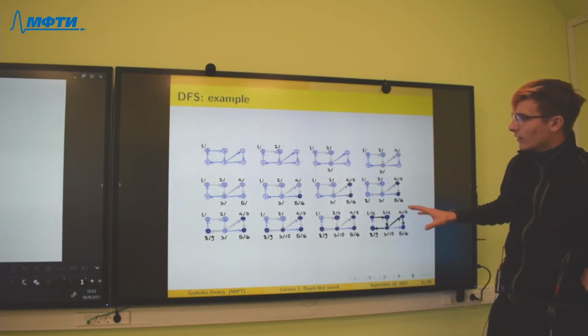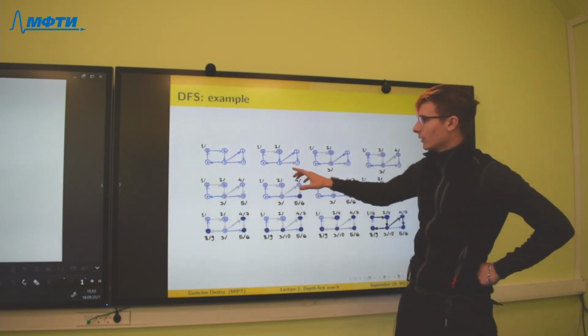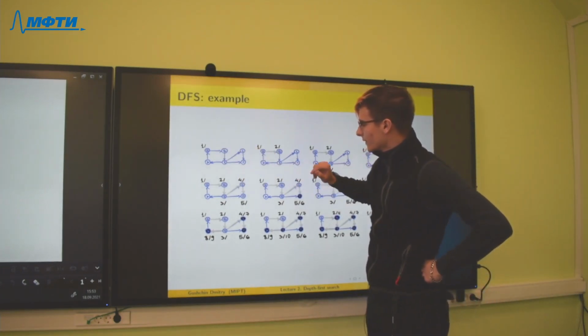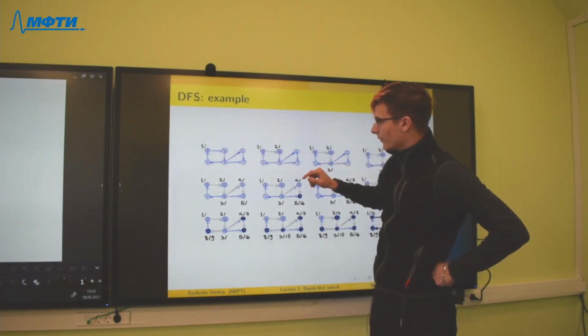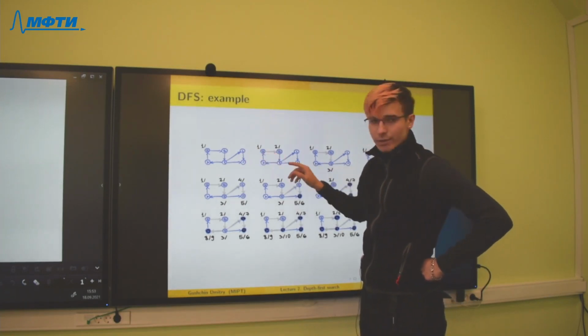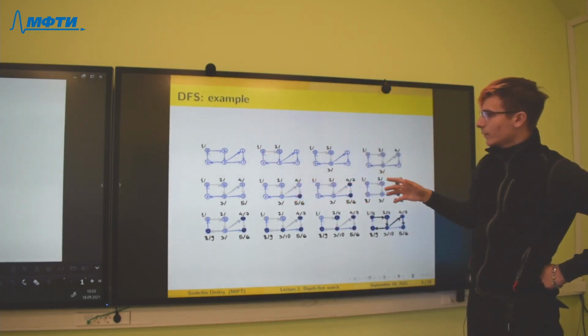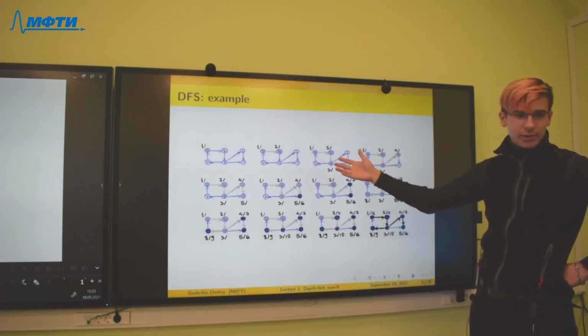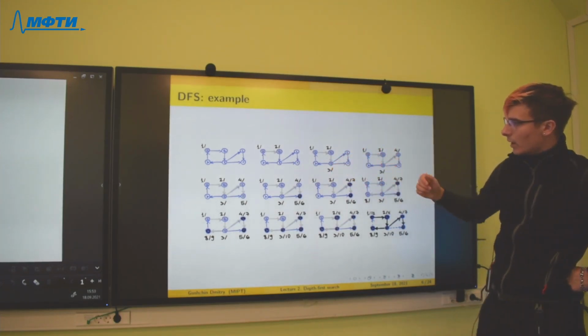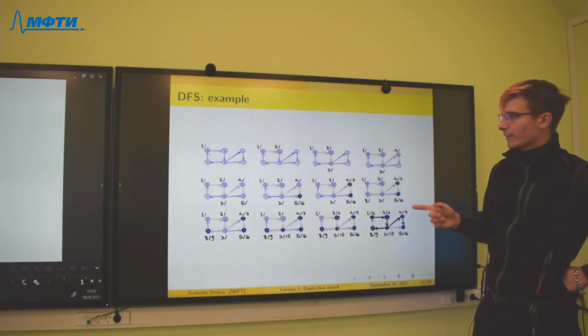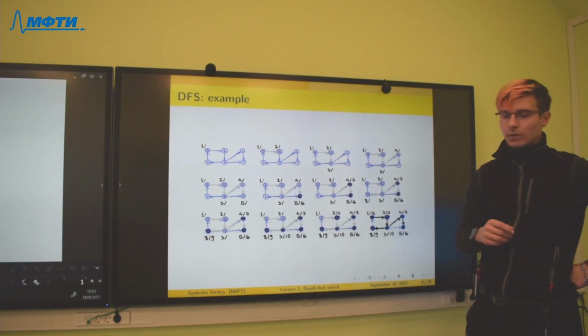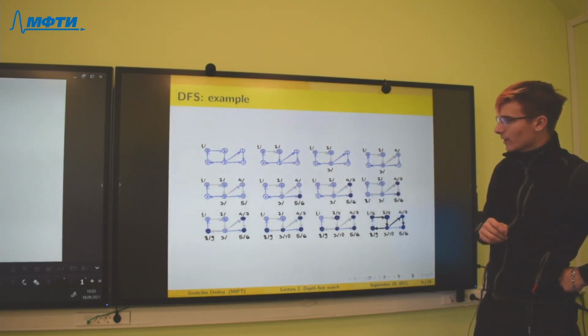So now you can see, for example, for this graph, that if we erase directions, it will be a connected component, and it's one of the definitions of connectedness of the directed graph.